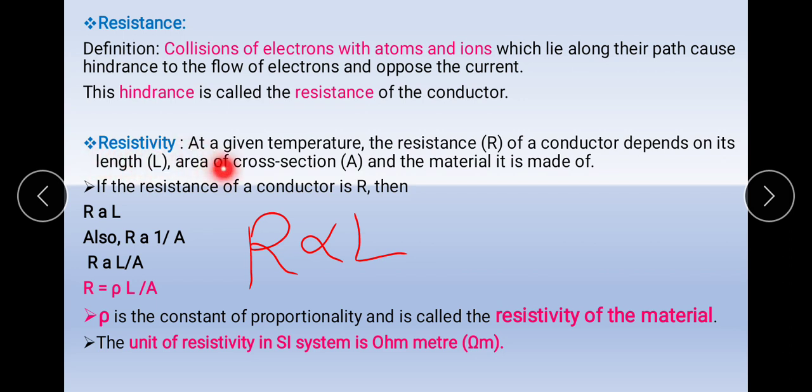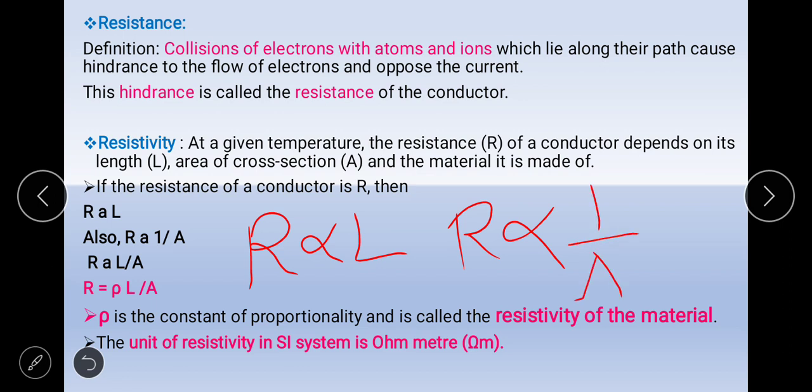The second condition is it depends upon the area of cross section. So R depends on area of cross section, but remember it will be inversely proportional to the area of cross section, because as the area of cross section of the conductor increases, the resistance will decrease.